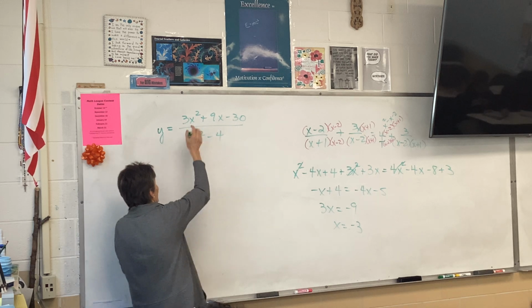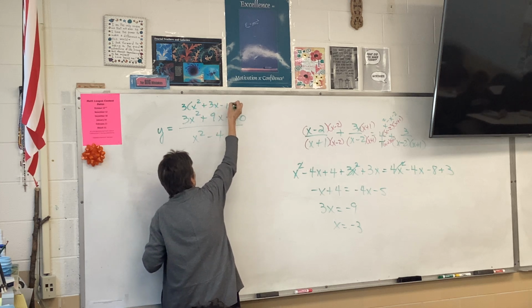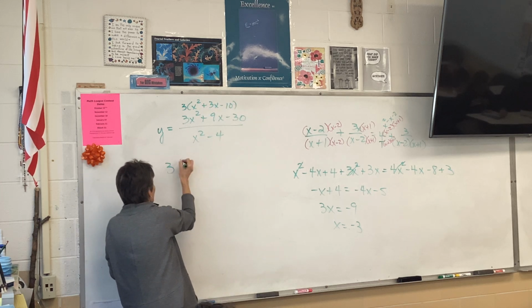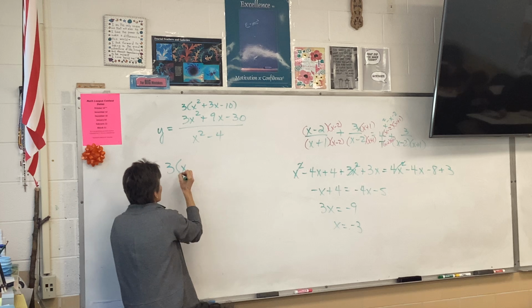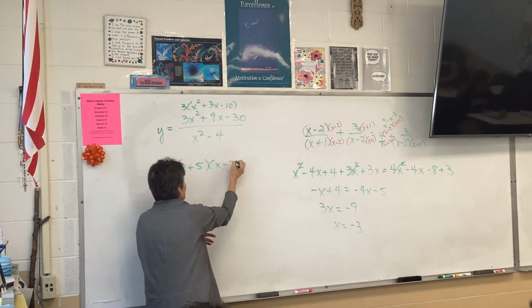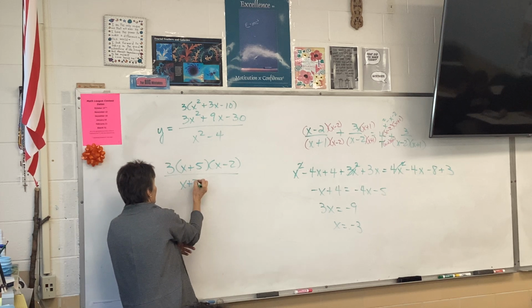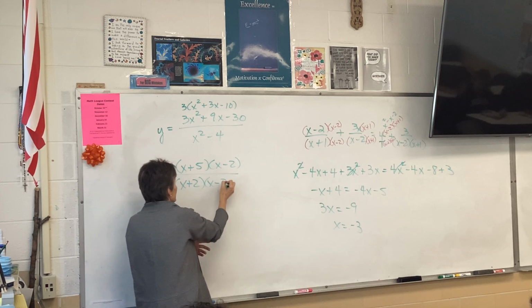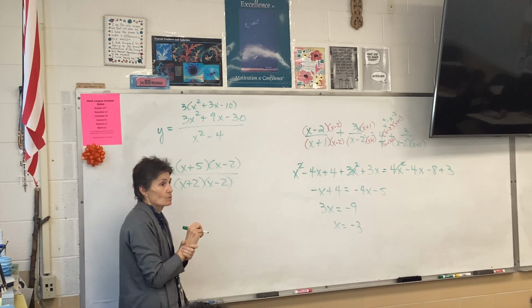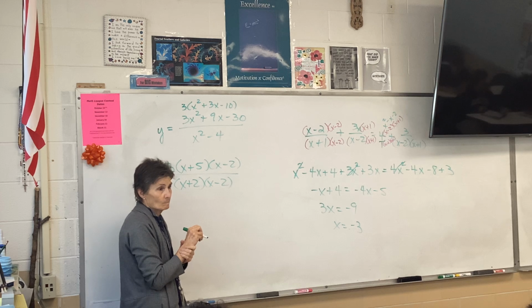So on the top, I can take out a 3, and then it will factor into x plus 5 minus 2. And my denominator is the difference of squares. Okay?